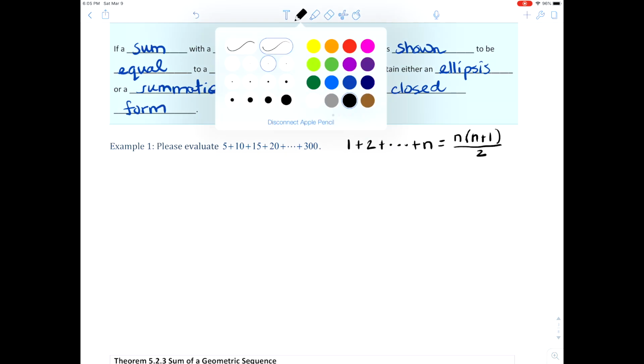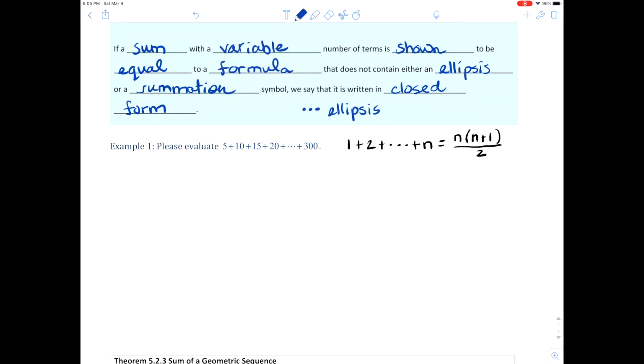So let's work with this sum and see if we can get it to look more like that. Cool so far? All right. So this is going to equal, if I factor out a 5, do you see I'll have in the parentheses 1 plus 2 plus 3 plus 4 plus dot dot dot plus 60.